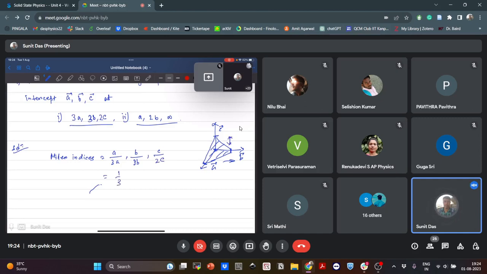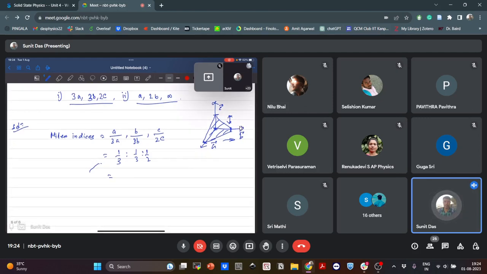So what is that? 1 by 3 is to 1 by 3 is to 1 by 2. Now, one can write it like this, but it is not advisable. Standard practice is to write it in whole numbers. Just take the LCM of all these things. So then it will be 2 is to 2 is to 3. So for the first problem, the Miller indices are 2 2 3. People also like to write it like this or this.